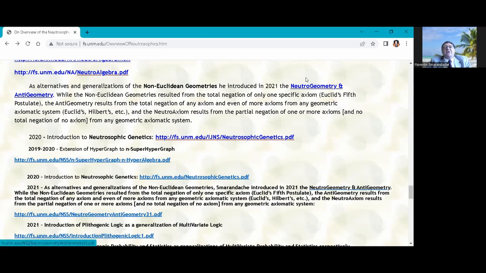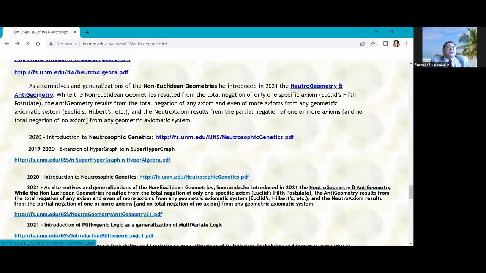So neutrosophy is a generalization because it refers to any geometric axiom, not only the fifth postulate in Euclid, and also to, for example, geometric theorems that are neutrosophied, meaning transformed to partially true and partially false.